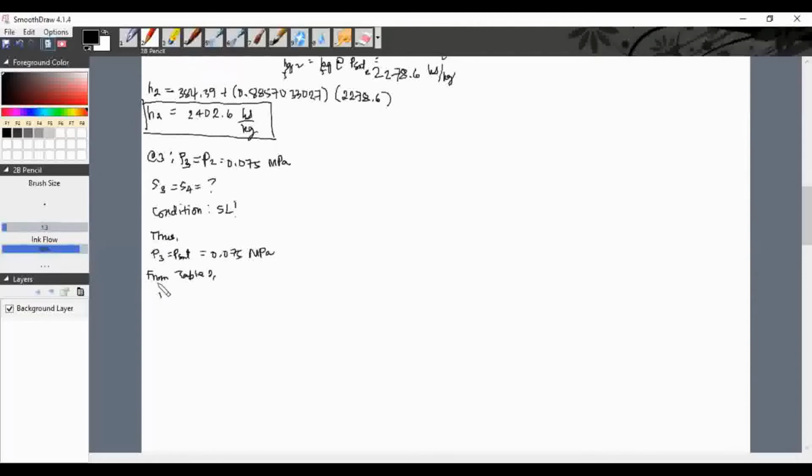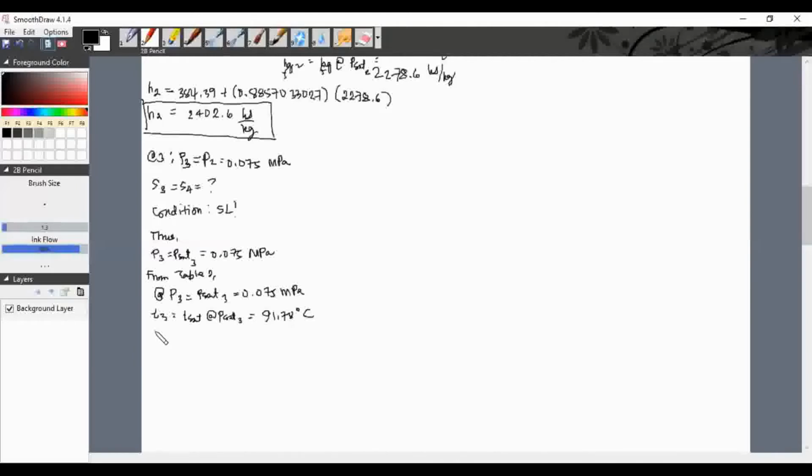So, we have at P3, which is equal to PSAT at 0.075 megapascal, may makukuha kayong value ng T sub 3. T sub 3, pag saturated liquid, equal lang sa Tsat at 0.3, no? Which is equal again to 91.78 degrees Celsius. And then, ang kailangan natin dito is in H at saka V, no?